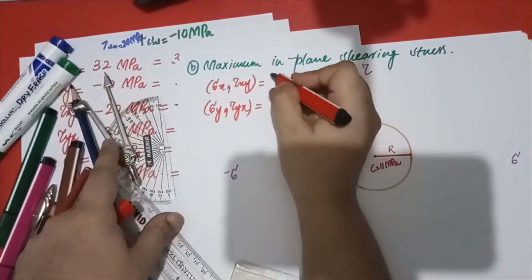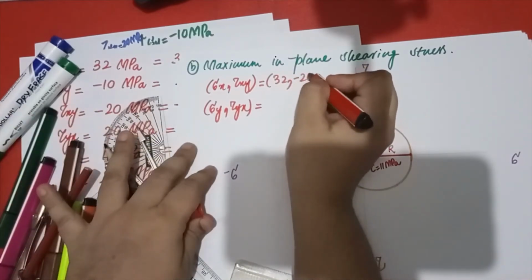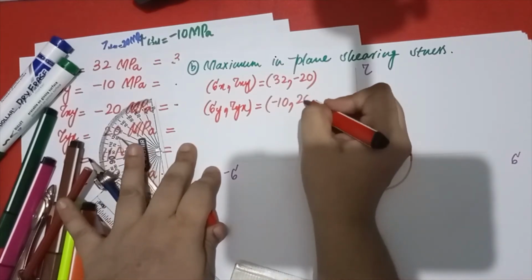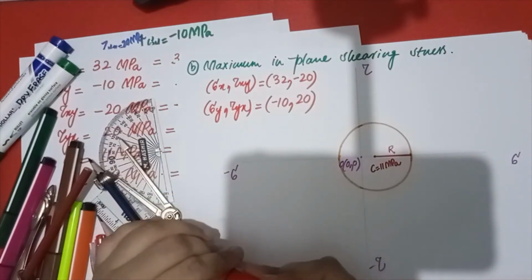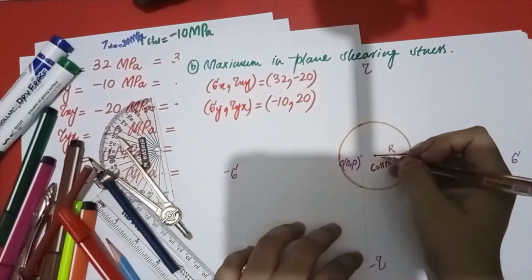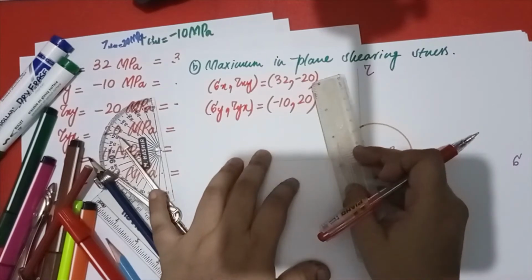So it is 32 comma minus 20. It is minus 10 comma 20. In the next step, I have to plot these 2 points.